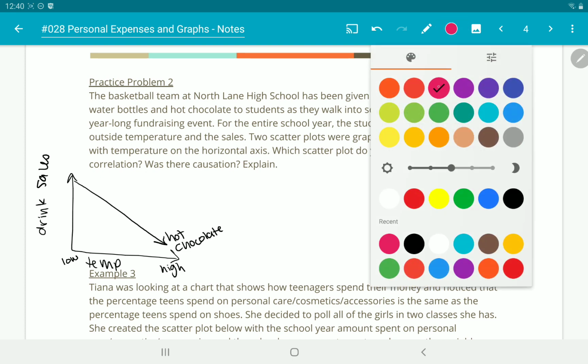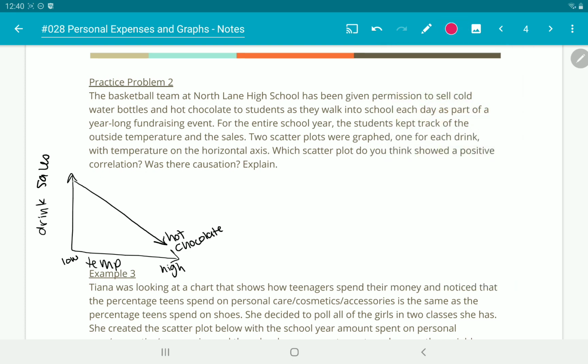That's my guess, because if it's cold outside, more people would want to buy hot chocolate. If it's hot outside, fewer people would want to buy hot chocolate. Well, if you're looking at cold water bottles, it'd be the exact opposite. If it's cold outside, not many people want to buy a cold water bottle. But if it's hot outside, more people would want to buy a cold water bottle.